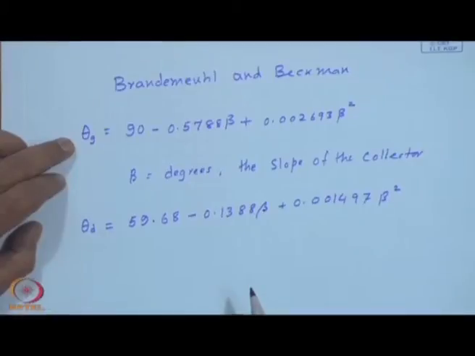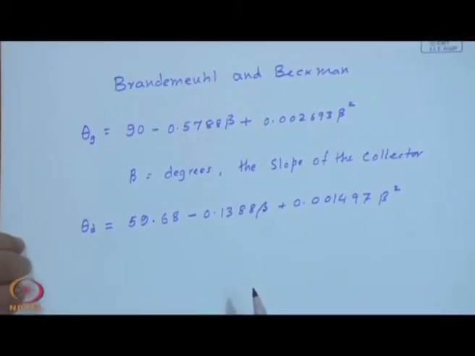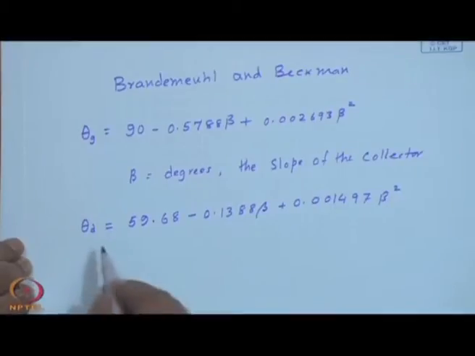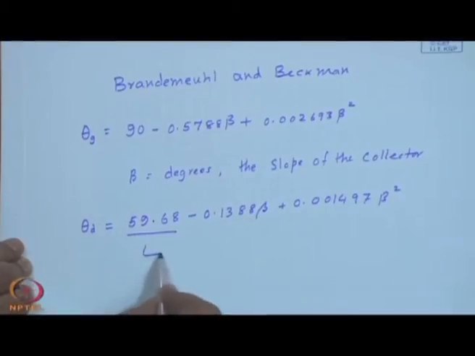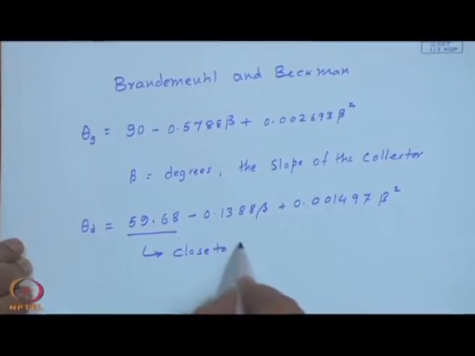Now, if you see the ground reflected radiation theta g, if beta equal to 0, this theta g will be 90 and making the tau alpha g 0. That means, if beta is equal to 0 it is a horizontal surface, so there will be no ground reflected radiation falling and also no consequent transmittance absorptance of that radiation. Similarly, for diffuse this is close to 60 degrees.